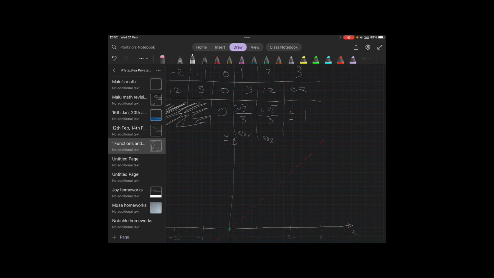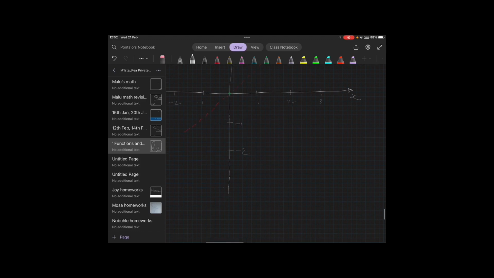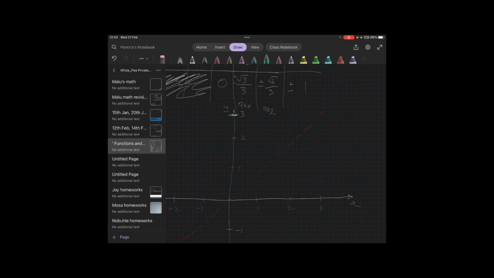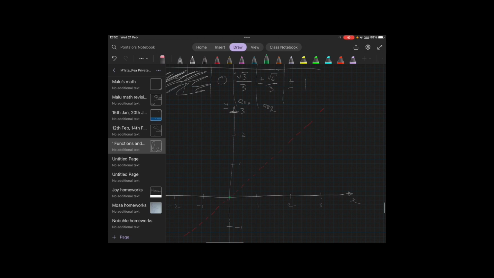Okay, so for 1, let's say we have 3 there. 1, 2, 3, and negative 1, negative 2, and negative 3. Alright, so start with green, which is y equals x squared.